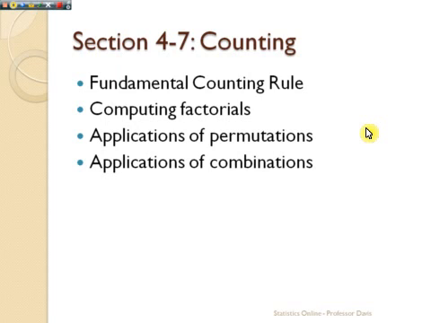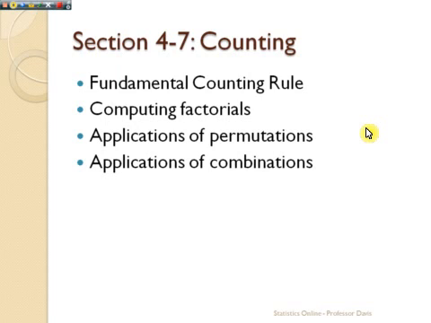In other words, there's no ranking involved. The order in which we select things from a sample doesn't matter. That's with a combination. So make sure you look over those applications of permutations and combinations. And again, we can use our graphing calculator to help us compute those permutations and combinations easily.